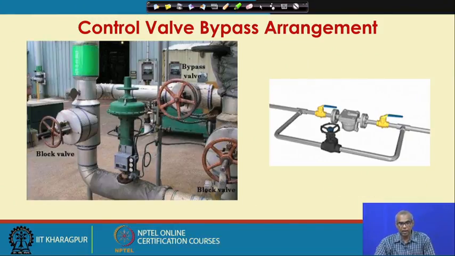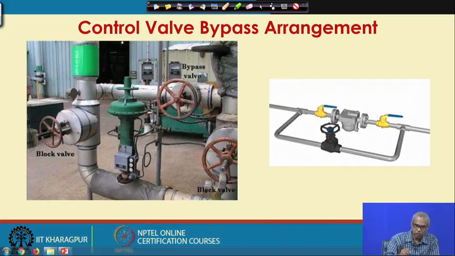So, this is an actual example, actual image. This is the control valve, and these are the block valves which can be used to close the flow in this line when the control valve fails.